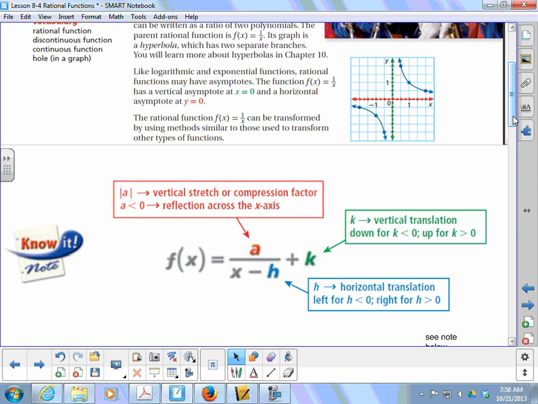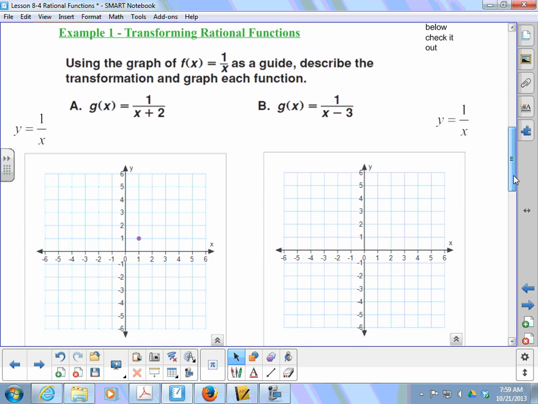If h is positive, we move it to the right. If it's negative, we move it to the left. Now, a reminder that if h is positive, it's still going to say minus a number. If it's negative, it's going to say plus a number, because the formula says minus h. So the opposite thing happens there.